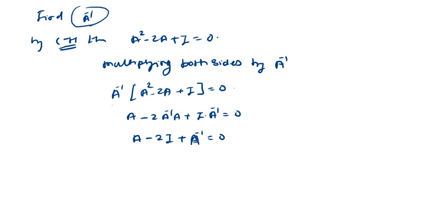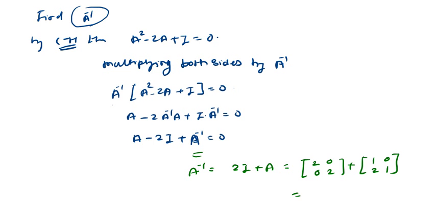Okay, so finally we need this value, A inverse will be 2I minus A. So put the value for 2I, which is [2 0; 0 2], minus A, and A is [1 2; 0 1], and adding this will be 2 plus 1 is 3, 0 plus 0 will be 0, this will be 2, and this will be 3. So this is how you can find the inverse of the given matrix A.